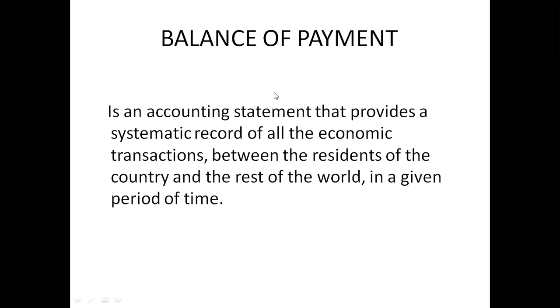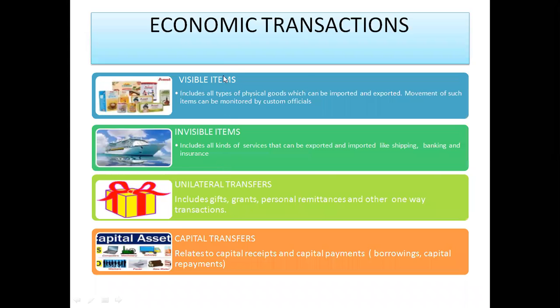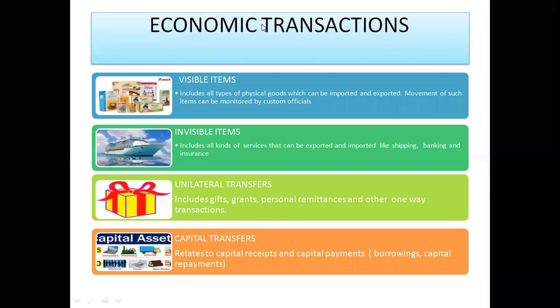So all the economic transactions which take place between one country and the rest of the world come into the balance of payment account. And we have four major types of transactions that we write in the balance of payment account. I hope it is clear now which major transactions we write in the balance of payment account.